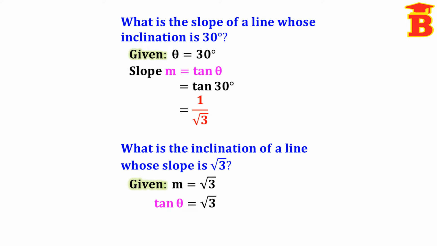So here again we use the trigonometry table value. Tan of which angle gives the answer root 3? That is theta is 60 degree, because tan 60 degree only equal to root 3. Therefore theta value 60 degree.